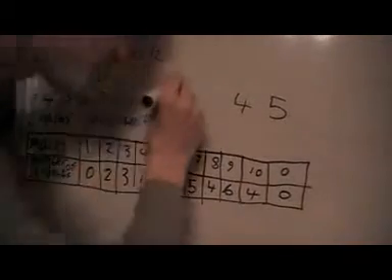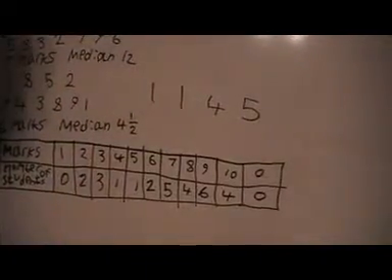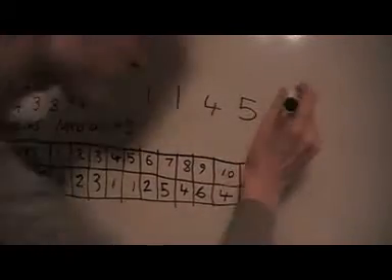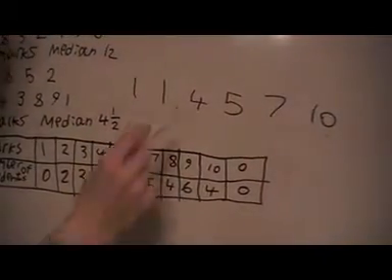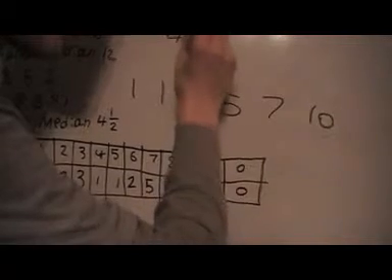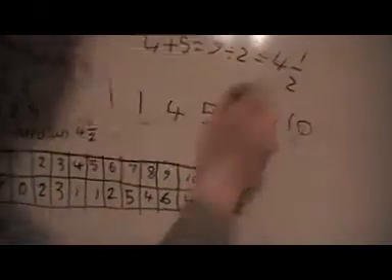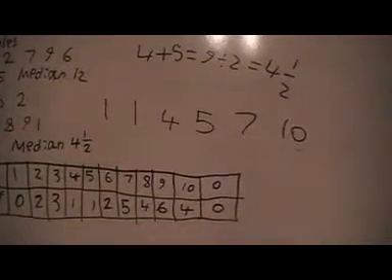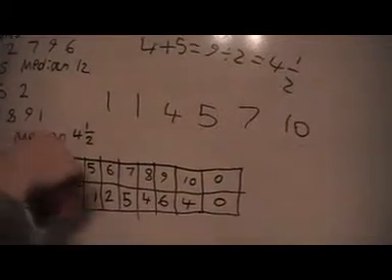And then I need to put 2 at the beginning. I could have 1 and 1, because there's no reason why I can't have 2 of the same number. Then the next ones, I don't know, let's just put 7 and 10. And you can check, because when you add up 4 and 5, you get 9, divide that by 2, you get 4.5. So you can easily check that your example works, and there isn't just one answer. I think that's pretty clear, that there's more than one answer.